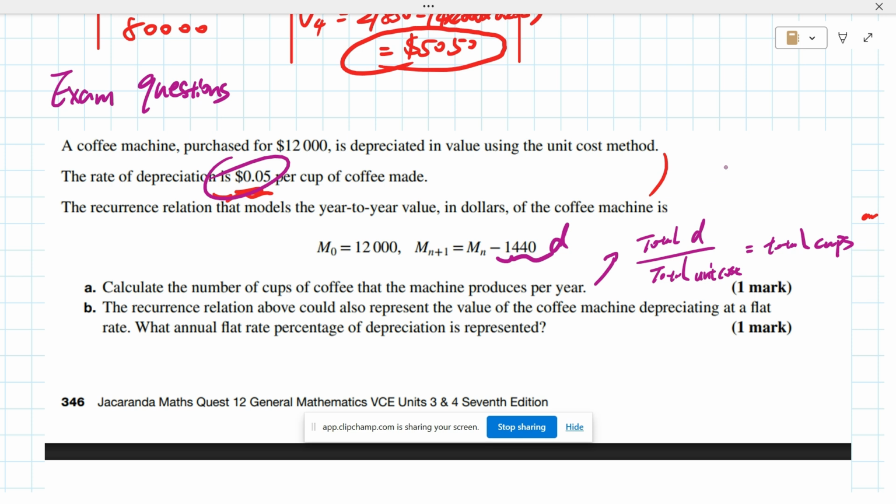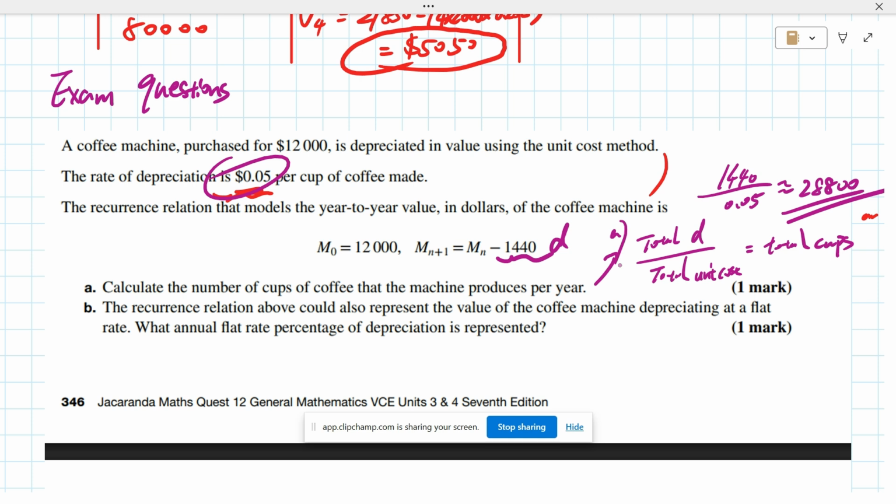Which means 1,440 divided by 0.05 equals how many cups you made per year. Hopefully that makes sense.